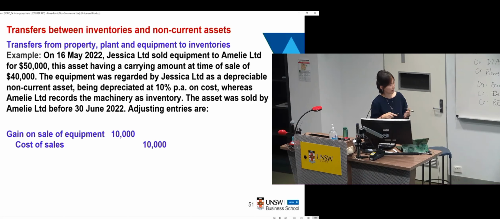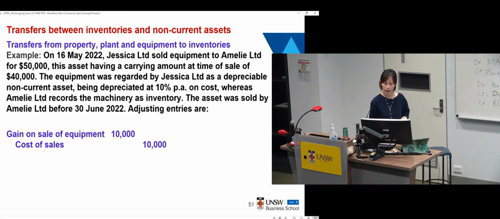Is there any impact of these two line adjustments on the group profit? No, right? Because there is no unrealized profit or loss from the internal transfer item, and the elimination of the gains and adjustment of the cost of sale result in zero impact on the group profit.